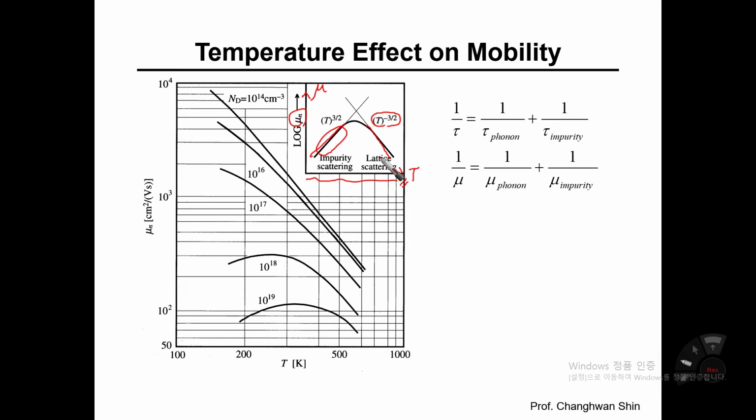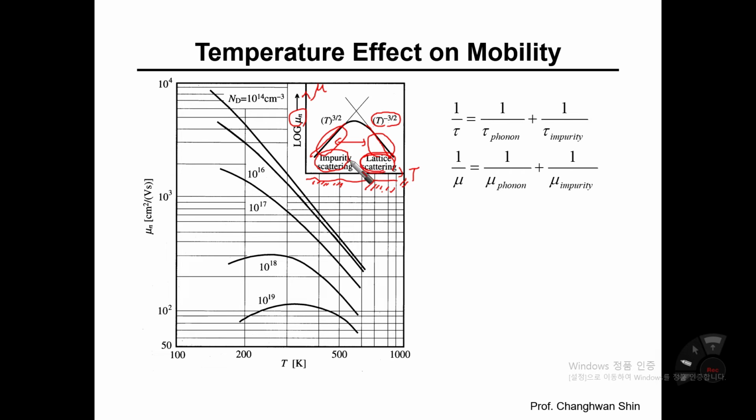Those two regions are separated, and depending on the temperature, impurity scattering or lattice scattering would be dominant. In general, at a higher temperature region, lattice scattering is way more dominant than impurity scattering. At a lower temperature regime, impurity scattering is way higher than the lattice scattering event.